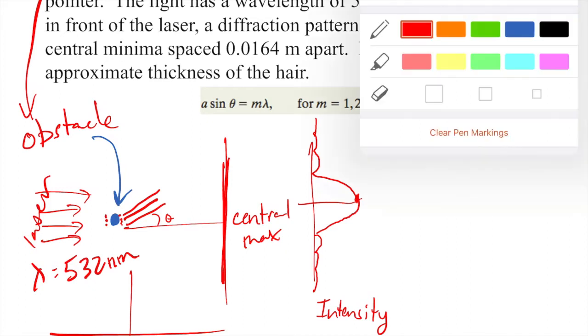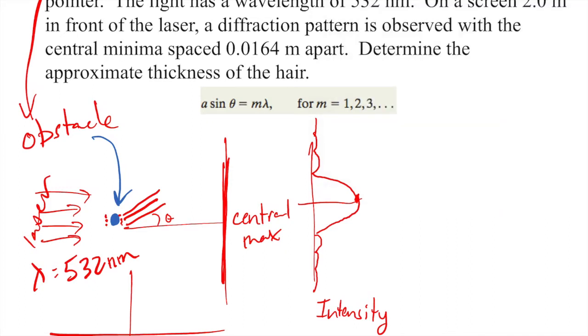All right, we're told the screen is 2 meters away. Here's our human hair, and I'll call the distance to the screen L. We haven't really done anything with this yet, and it's not part of the equation. This length here is 2.0 meters.